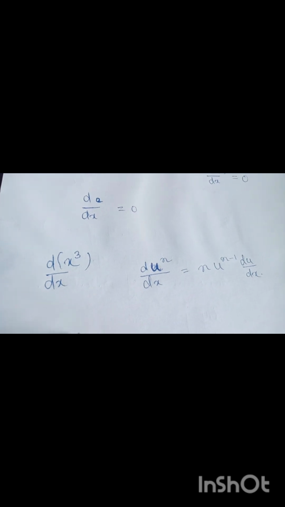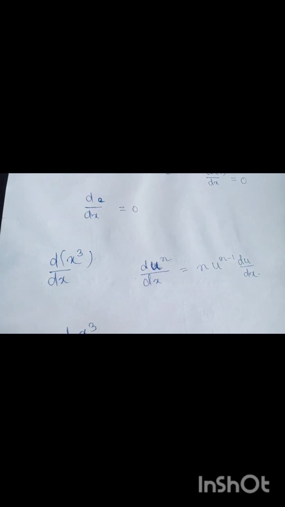We will use this formula. Then differentiation of x cube with respect to x becomes, what is the value of n here? It is 3. So 3 x to the power 3 minus 1 times differentiation of x by x.